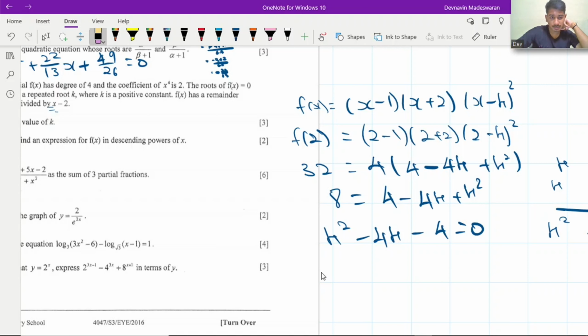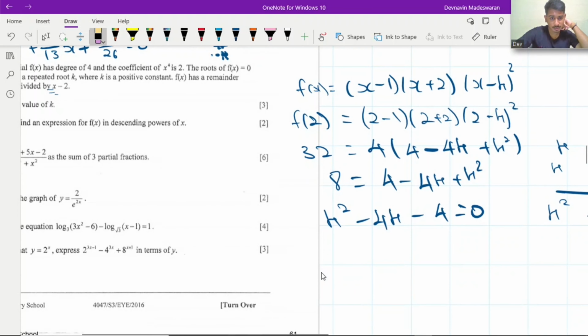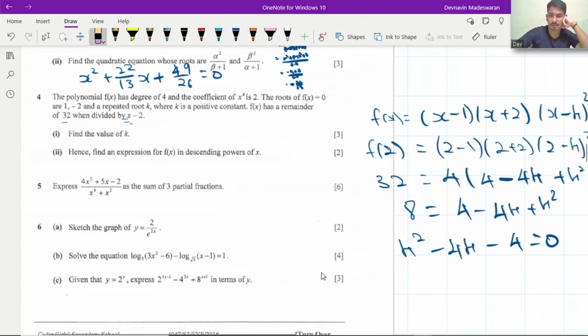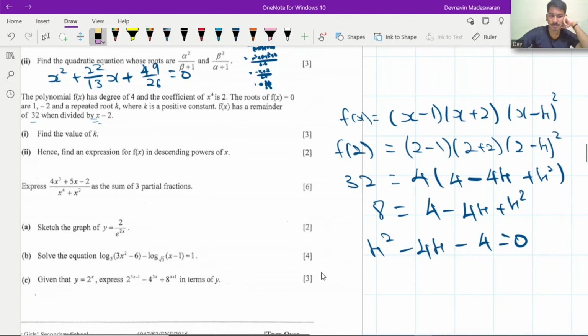It all seems correct. Okay, let's assume it's correct, then move on. Divide by 4 on both sides, you're going to get 8. It seems correct. Not sure why it's wrong. Find the value of k.